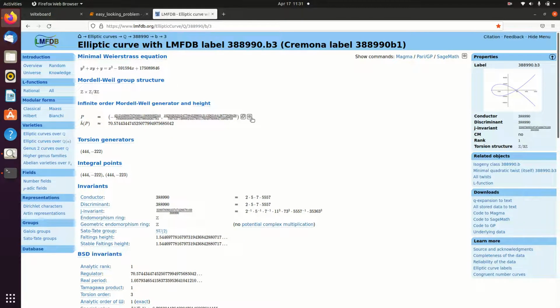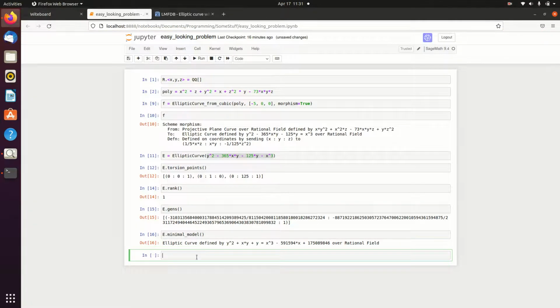And we also get a point on the curve. So we could now, for instance, take the minimal model, which is E.minimal_model.